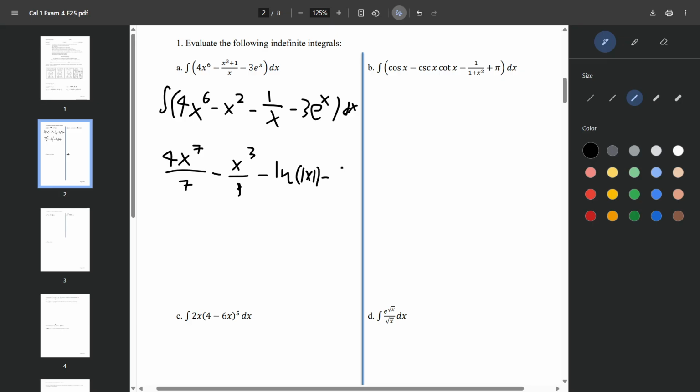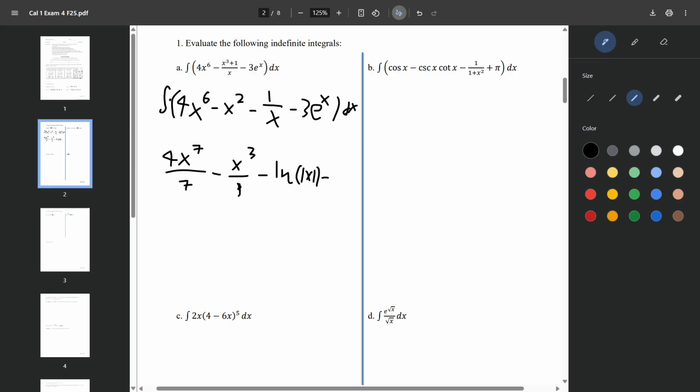And finally, e to the x is always e to the x. The 3 is in front of the e to the x, so it works as, basically, when you split up the integral into each individual part, you move the constant outside.